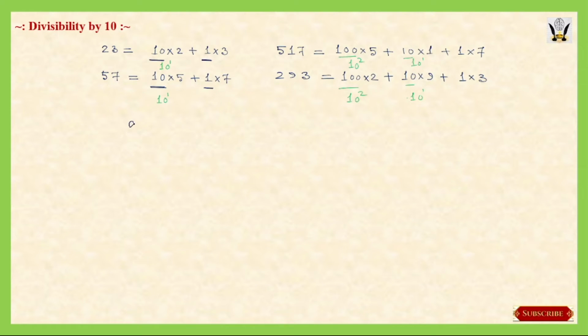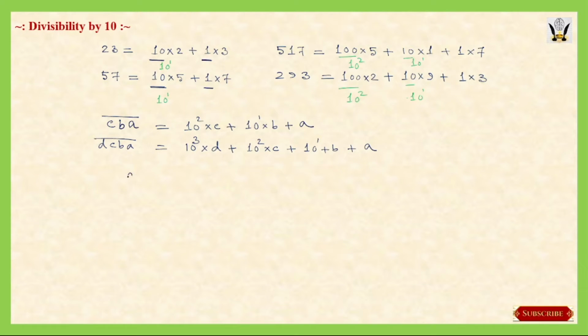That means if we have a three-digit number like this, then it can be represented as 10 square multiplied by c, plus 10 to the power 1 multiplied by b, plus a. If we have a four-digit number, say d, c, b, a, then it can be represented as 10 to the power 3 multiplied by d, plus 10 square multiplied by c, then 10 to the power 1, this way.